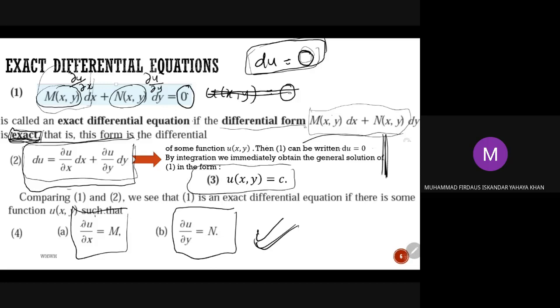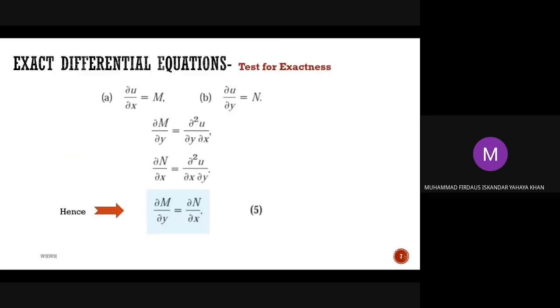Okay, but now we are on the way on how to determine that our differential form is exact. Kita kena pastikan dulu our differential form is exact, dan baru kita boleh find the solution for our first order differential equation using exact equation method. Alright. Okay.